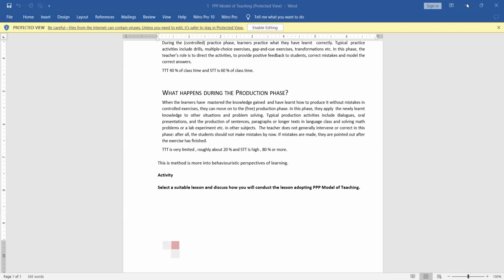Right. So this is the second model of teaching. You can take down notes. The 5E model of teaching is grounded on constructivism. You know what constructivism is?